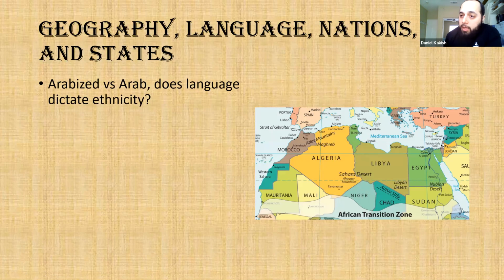That really depends on him or her. If they identify as an Arab, then they identify as one. But a lot of the time, the majority of Arabic speaking people are Arabized people, and they're not originally Arabian, right?